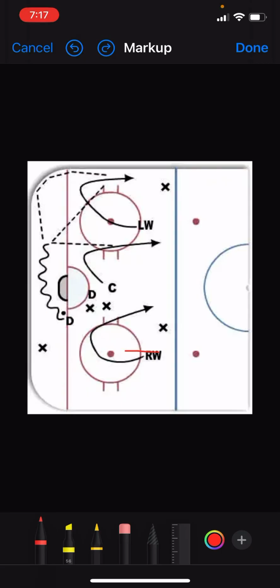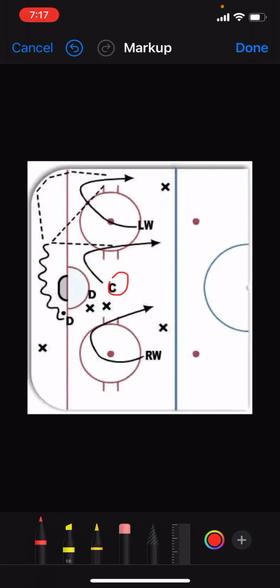Skate your route. They're mirror images of each other. Inside out, inside out. The timing of them is a little different, but that's actually kind of the easy part once you get used to skating the route. Now we're going to talk timing and we're going to talk routes with the centerman. The centerman is really the most important player in the breakout other than the puck carrier, the D1, if you will.